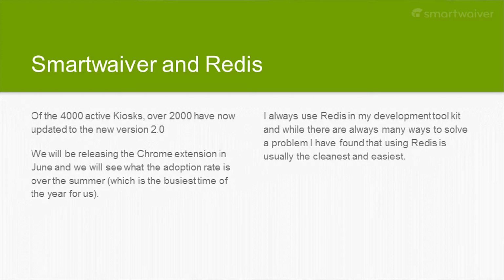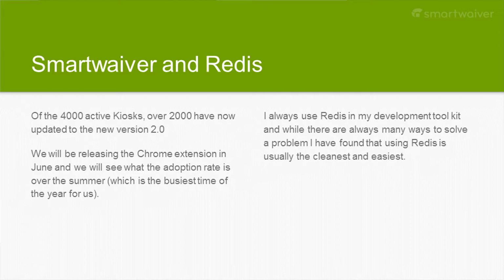So we have, like I said earlier, 4,000 active kiosks, and then that was a Chrome extension. And so I've used Redis in basically, I always try to find a use for it. It's like my Swiss Army knife. And yes, like I said, you can do all this stuff in a database or other possible ways, but I almost always find that Redis is the fastest and the easiest way to do things, especially if you have 2 different languages or 2 different entities who have to share.